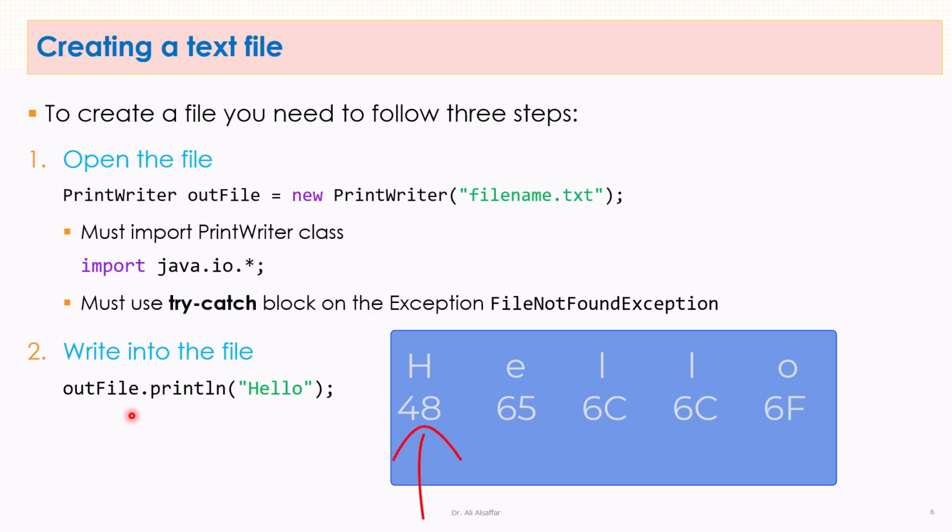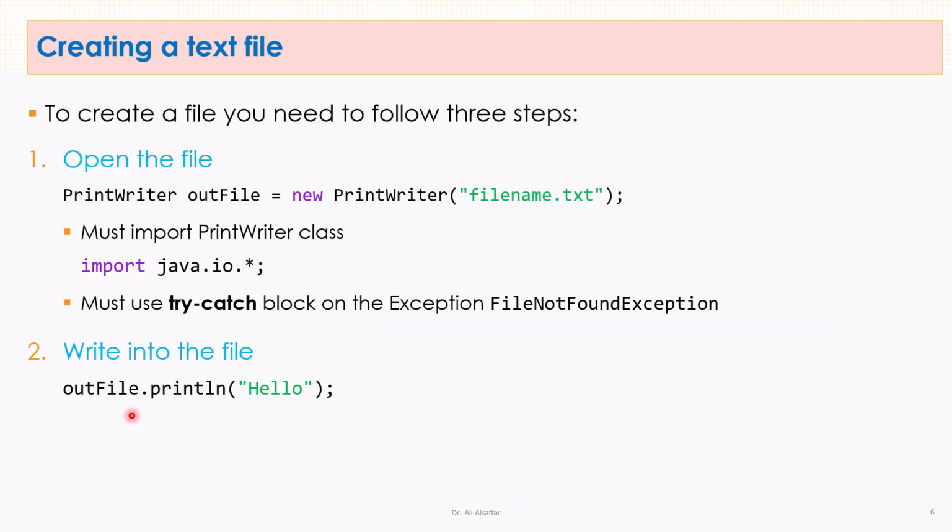So the first byte will be equal to 48 in hexadecimal, which corresponds to the ASCII code of the capital letter H. And the second byte will be equal to 65 in hexadecimal, which corresponds to the ASCII code of the small letter e, and so on for the rest of the characters. And that's why the file is called a text file, because what we write inside is in fact everything represented by an ASCII code, so that when we open it with a text editor, it is easy for a human to read the text inside the file.